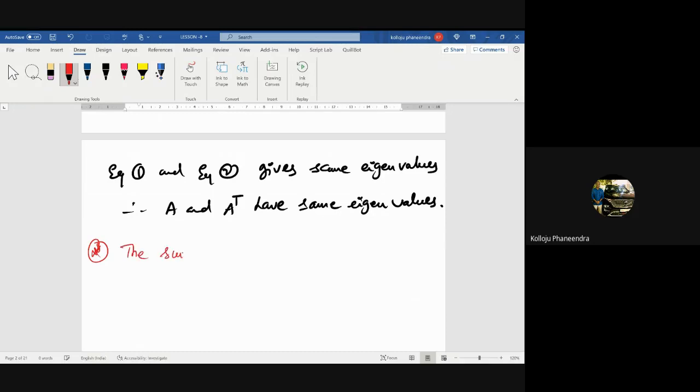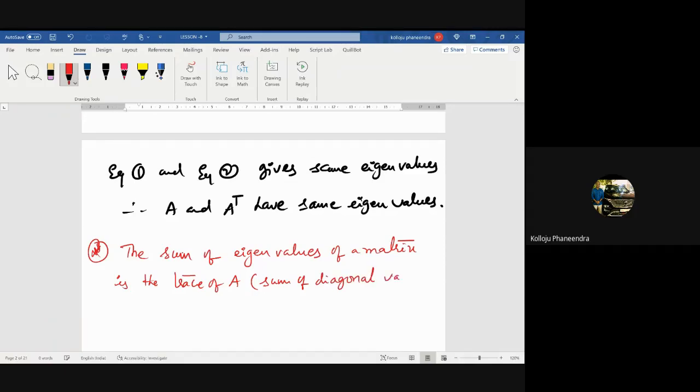The sum of eigenvalues of a matrix is the trace of A. What is the meaning of trace of A? Sum of diagonal values.